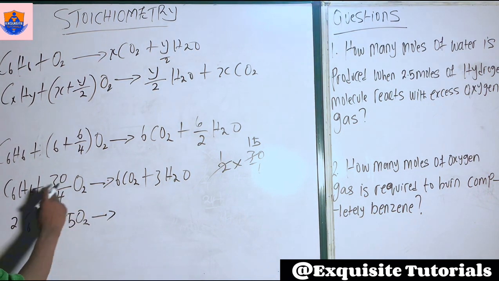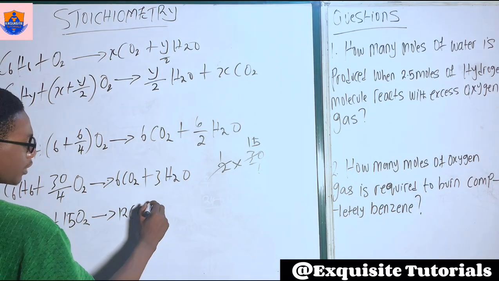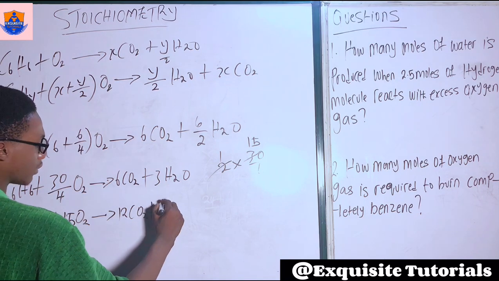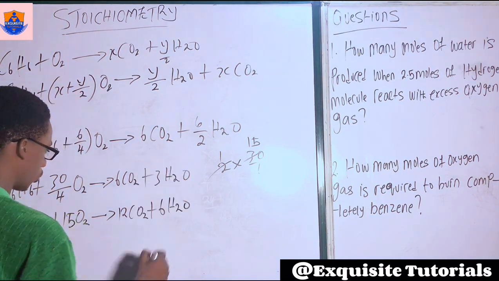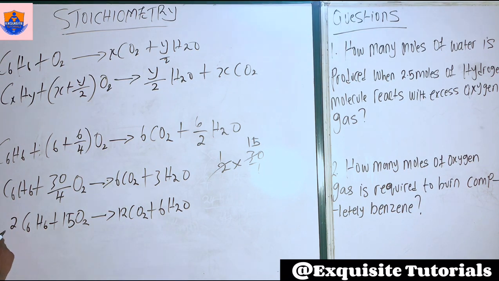Over here we have times 2, so 12 CO2. Then H2O times 3, 2 times 3, we have 6 H2O.